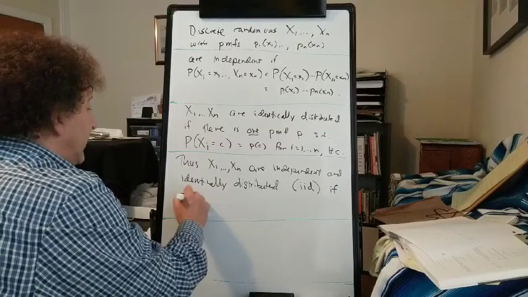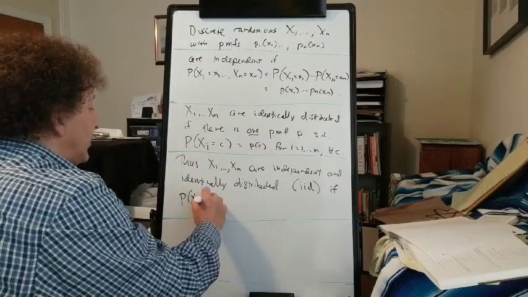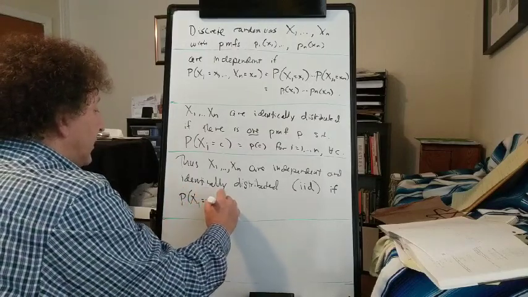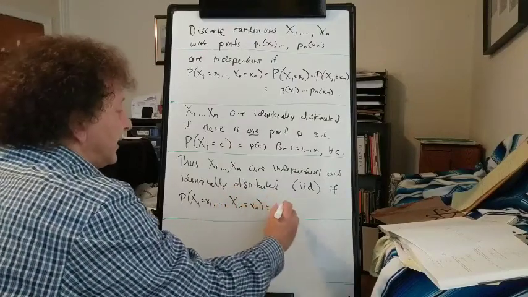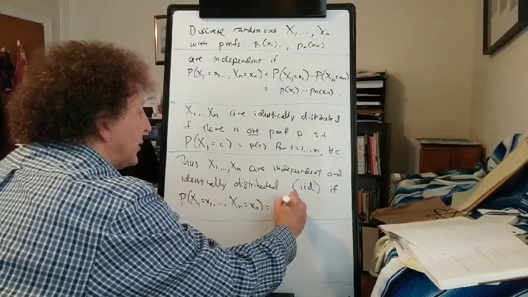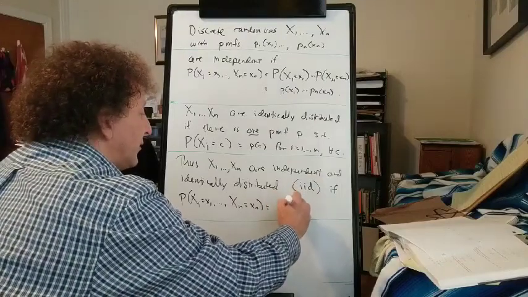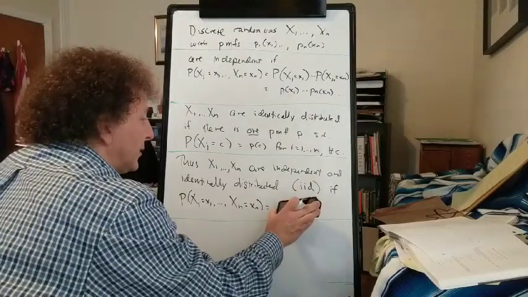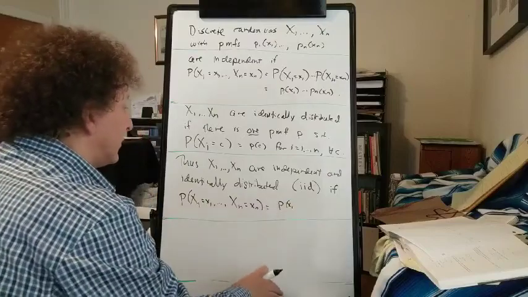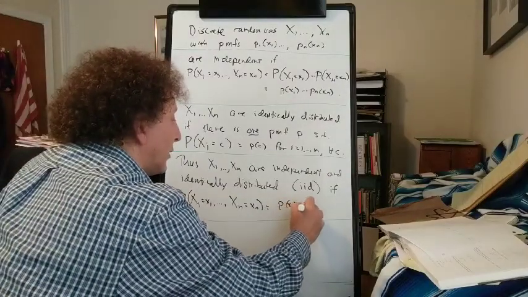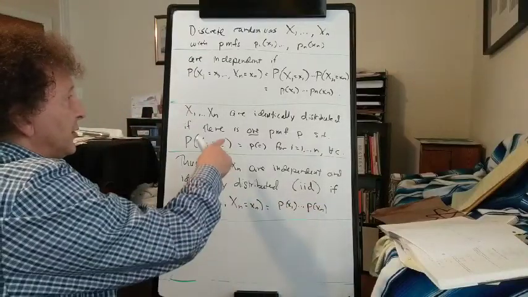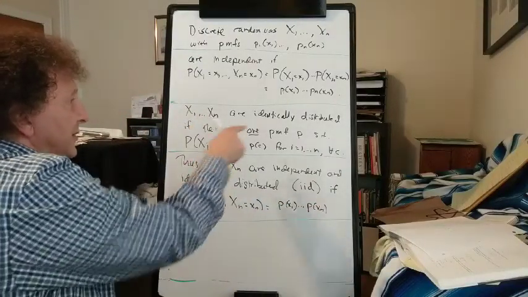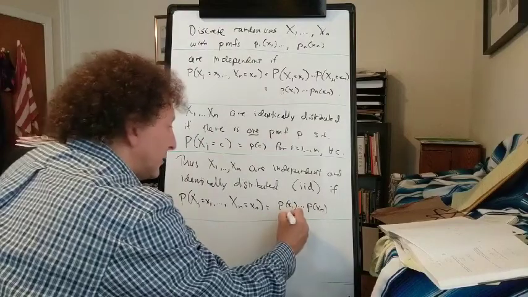If the probability that X1 equals little x1 through Xn being equal to little xn is just p of x1 through p of xn. So we don't need any subscripts because all of these variables have the same probability mass function.